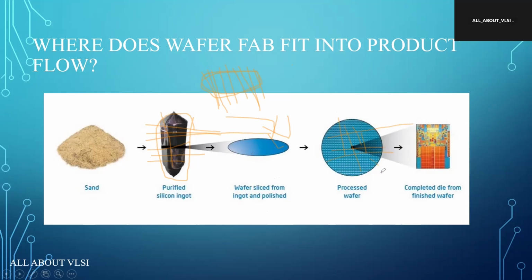So here each one is called a die. Each one is known as a die. This is how a die looks like.